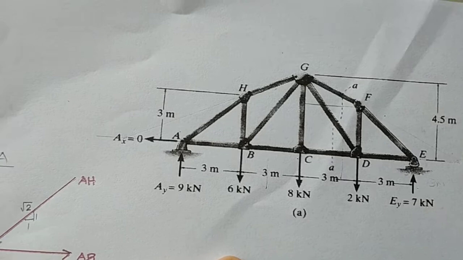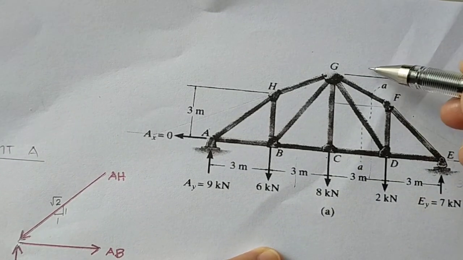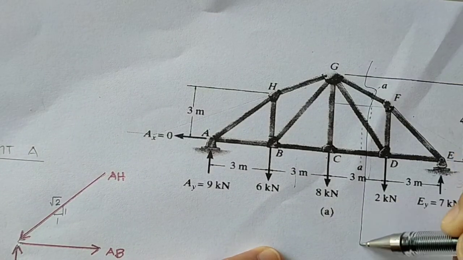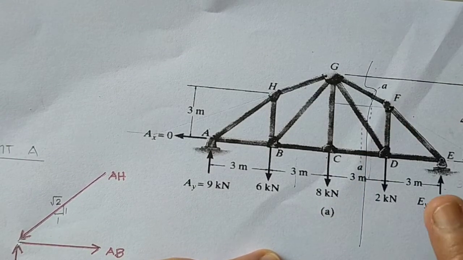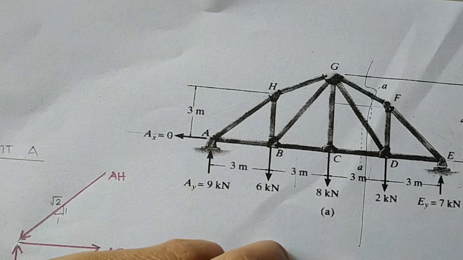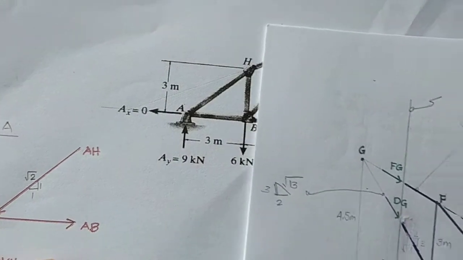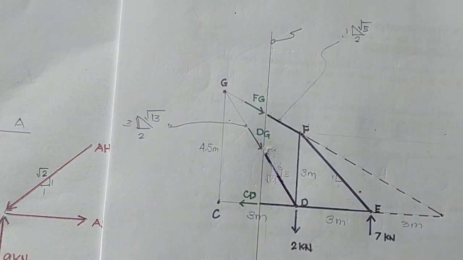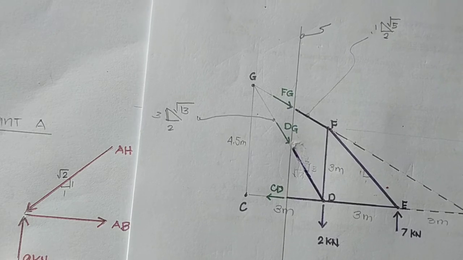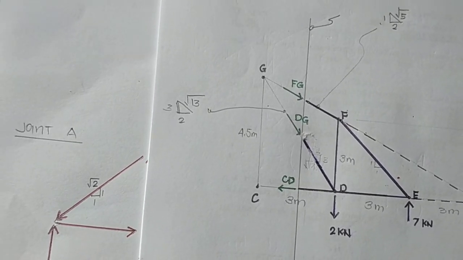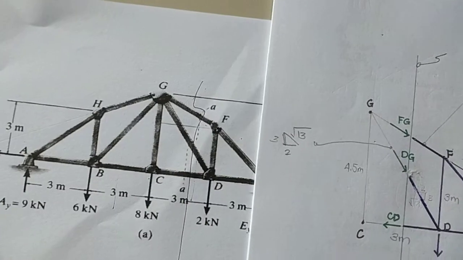Okay, next I will bisect this portion and I will use the right structure for my analysis. So I already drew the free body diagram of the right structure.